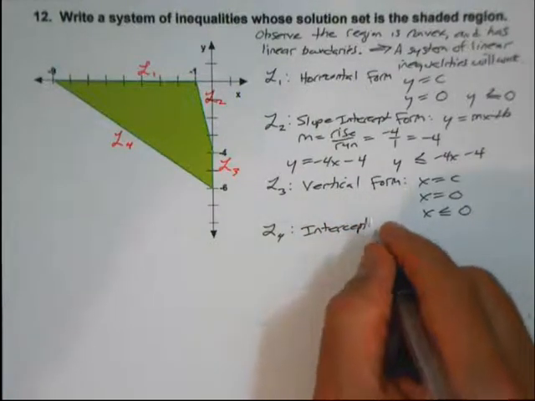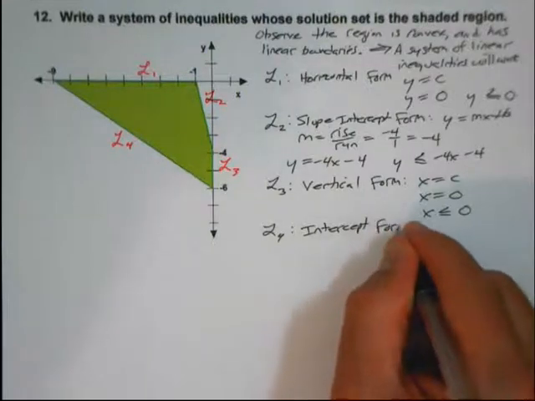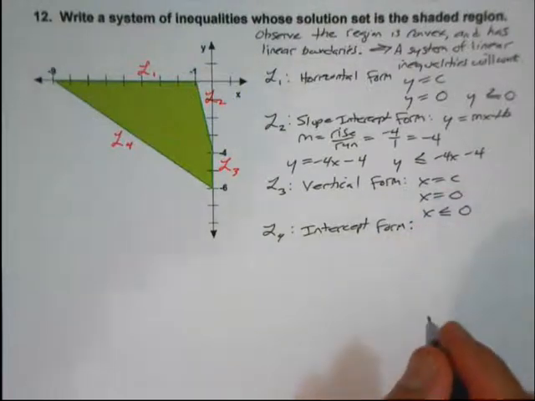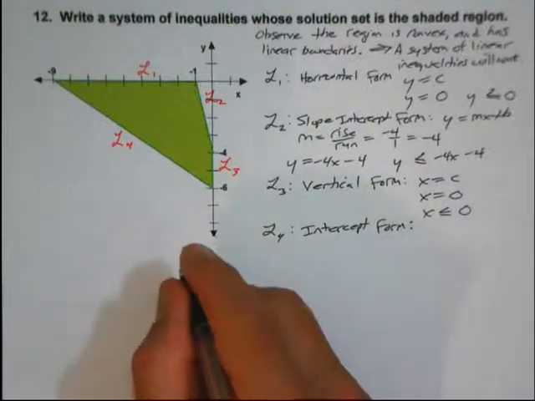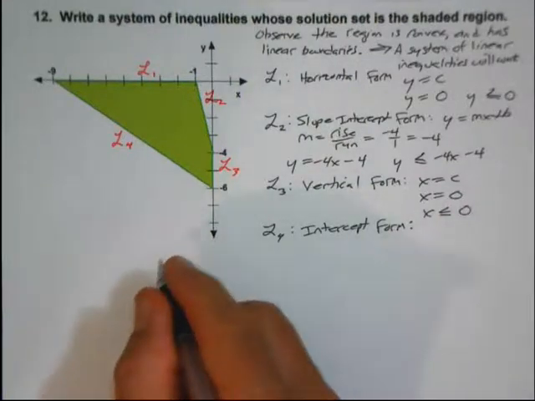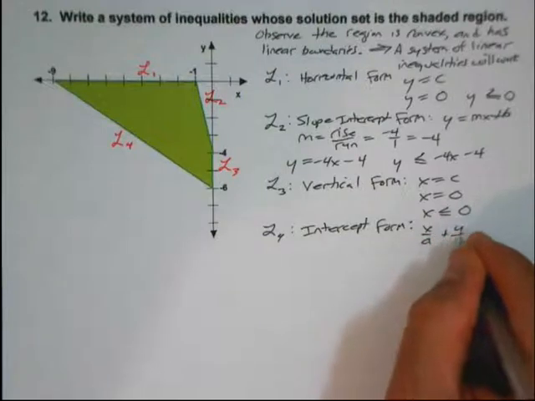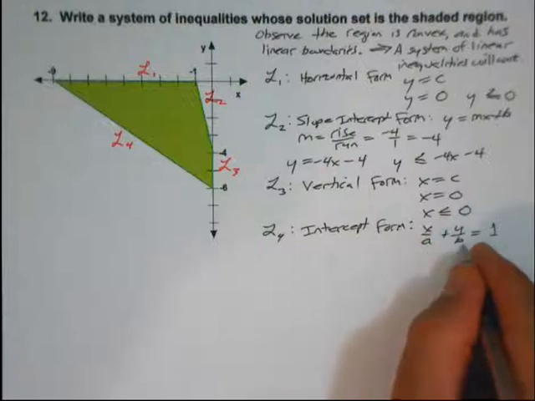The form you use is really a personal preference in many cases, and forms are something you need to memorize. You may not want to memorize intercept form, but if you do, it can be very quick in certain situations like this. The form, by the way, is x over a plus y over b equals 1. A is the x-intercept, and b is the y-intercept.